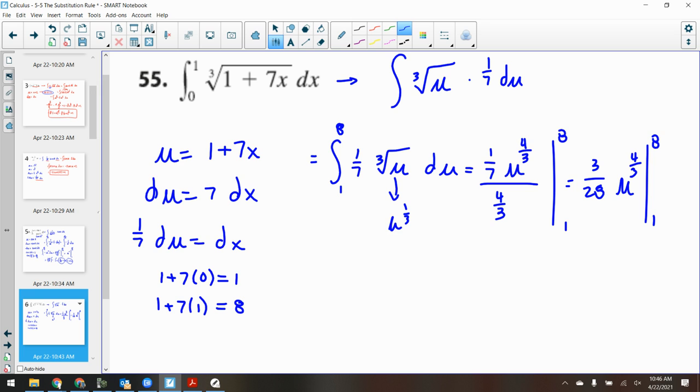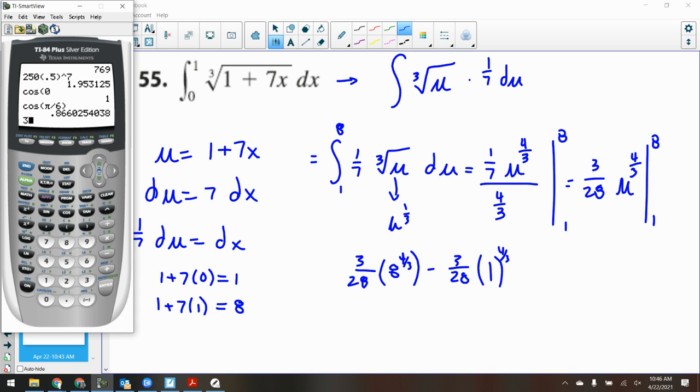3/28. Yep, good. All right, so now I've got to take 3/28 times 8 to the 4/3 minus 3/28 times 1 to the 4/3. Whatever, inside, outside, doesn't matter. And let's do that. 3/28 times 8 to the 4/3.